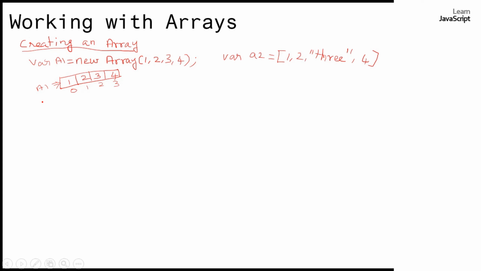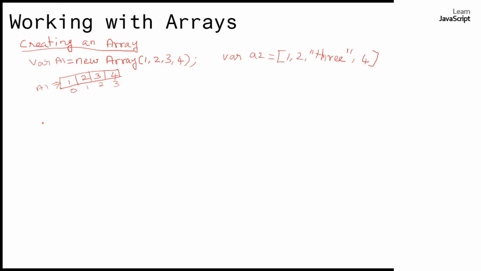So if you see here, we have 4 elements and each one is indexed. A2 will have 4 indexes. At the 0th index there will be value 1. At the first index there will be value 2, and in the second index, that means the third location, you will see string 3, then 4. That's the content of A2.